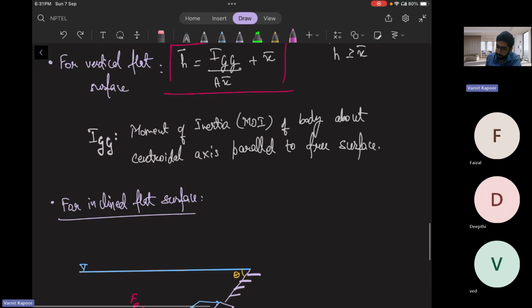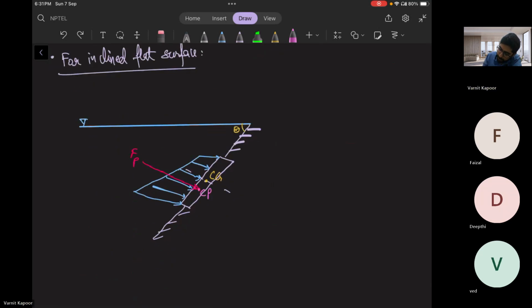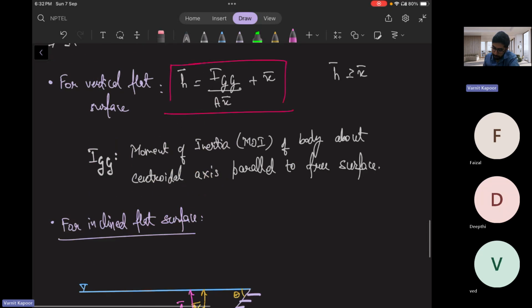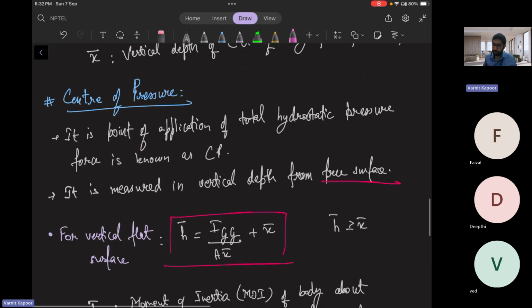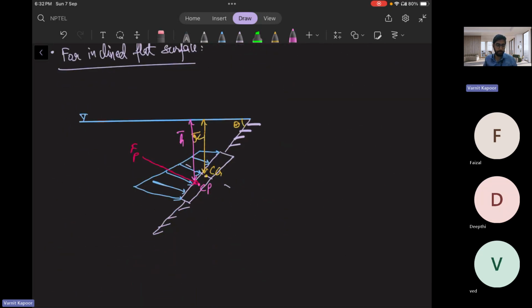And h bar is again the vertical depth from the free surface to the point of action. This is your h bar. That's the point of application where the center of pressure force is active. If this angle is theta, this angle will also be theta from the alternate angle theorem.